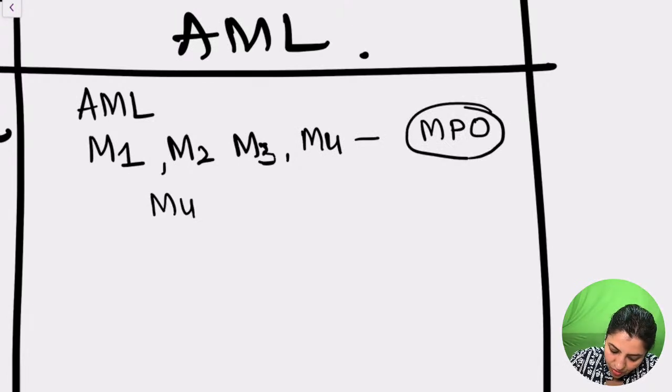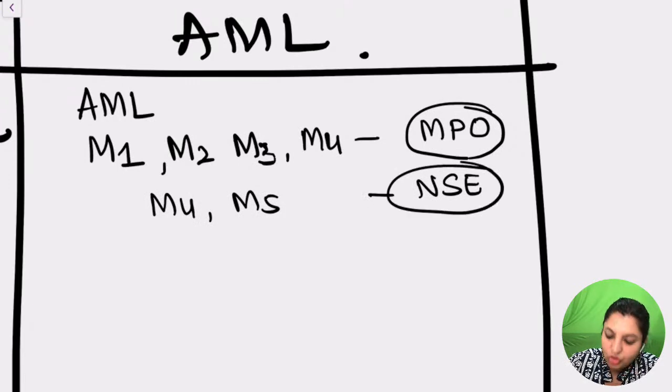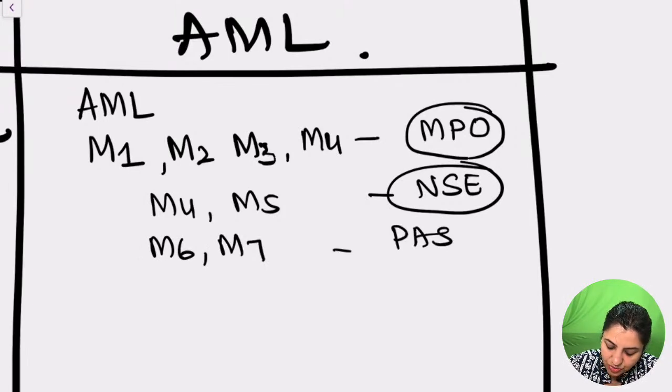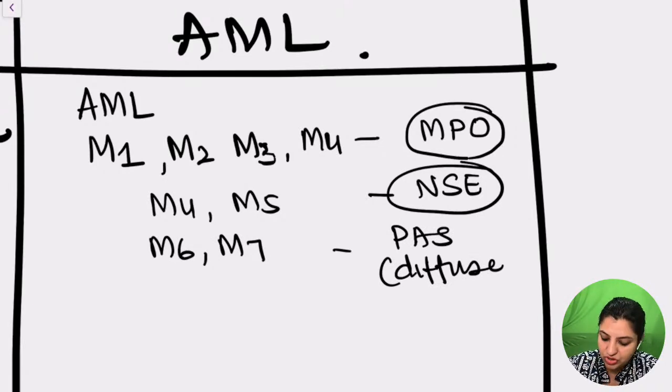M4 and M5 will be positive for a cytochemistry called NSE. And M6 and M7 will show diffuse PAS positivity. It will not be dot and blot, it will be completely positive like this, leaving the nucleus.